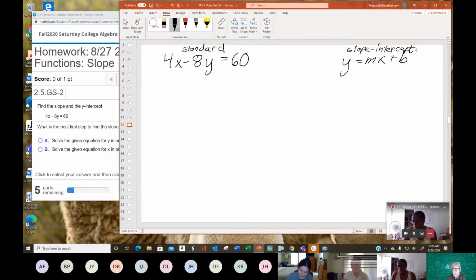Okay, well, the way we're going to find out what the slope is, we are going to manipulate this into this form.